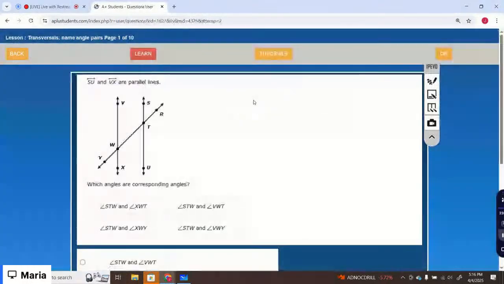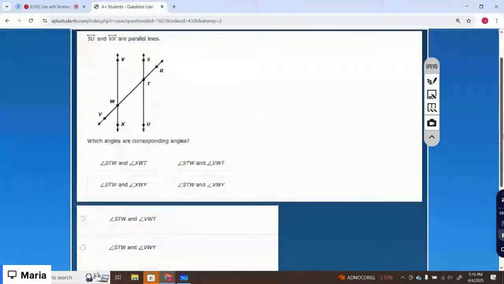SV and parallel lines. Which angles are corresponding? Corresponding angles are the angles that are formed on the same sides of the parallel lines.